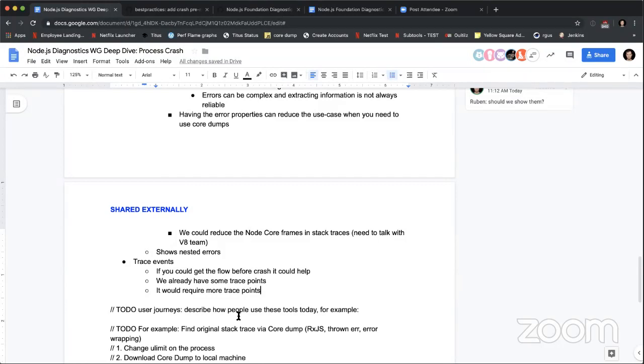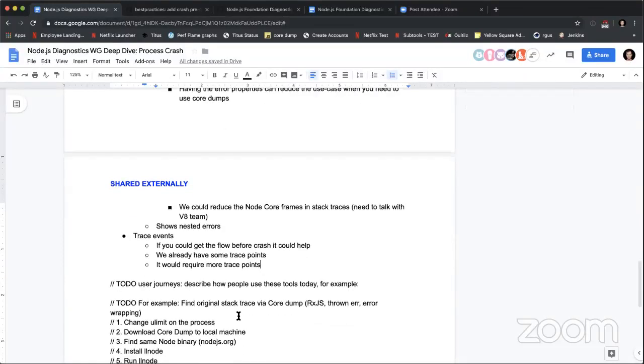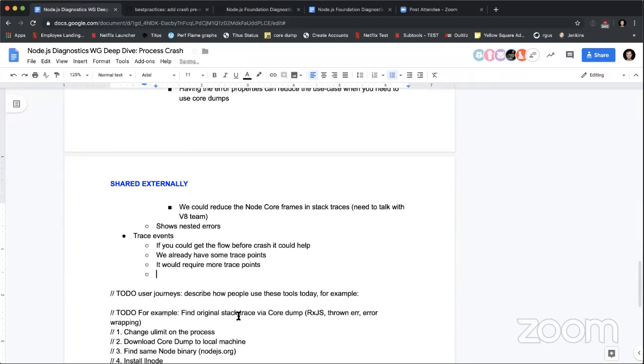And more importantly, there is no control mechanism for us to say start tracing only when this method is kicked in, or start tracing after this many hours. That kind of controlling mechanism is not there.